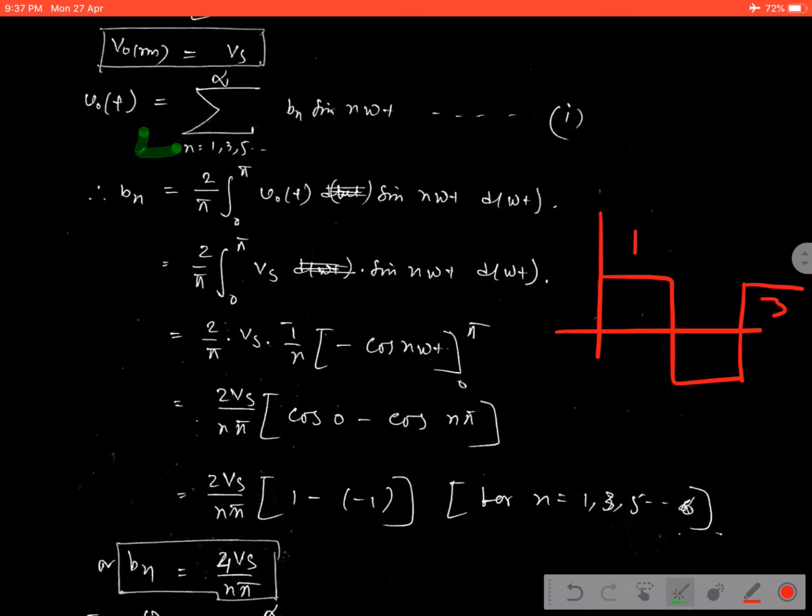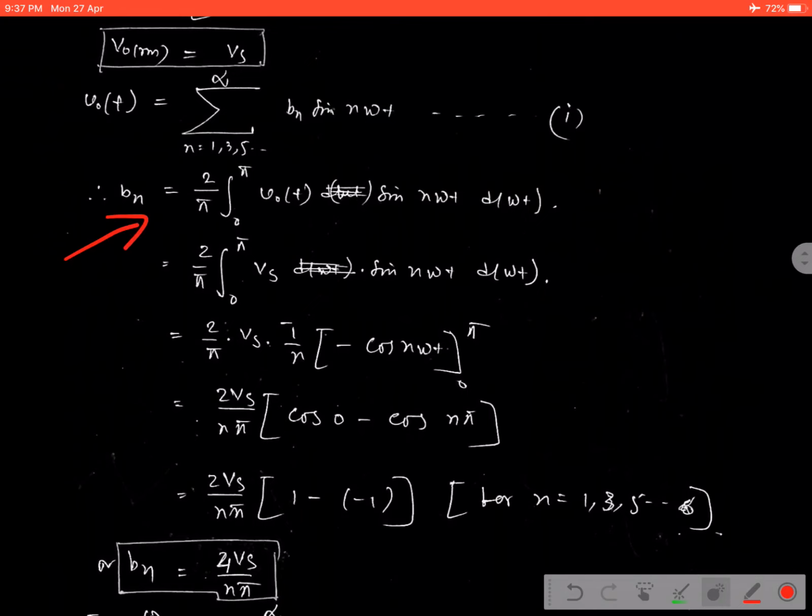That is Bn equal to 2 by pi integration of 0 to pi V0(t) sin n omega t d omega t. The calculation process is given here, that is 2 by pi integrating 0 to pi Vs sin n omega t d omega t.